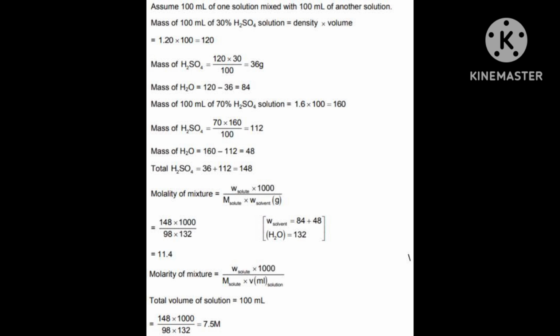Then 0.125 divided by 450, into 1000 upside, because you have to calculate per liter, converting milliliter to liter. 0.125 is dissolved in 450, so in 1, and then in 1000.